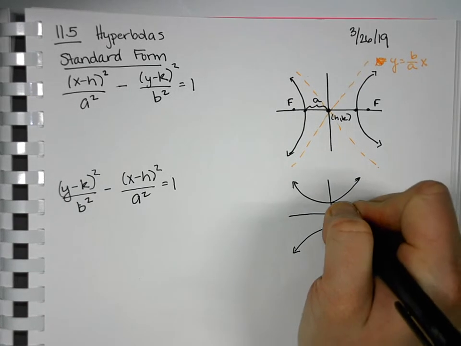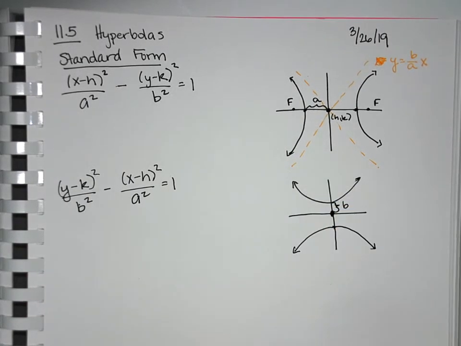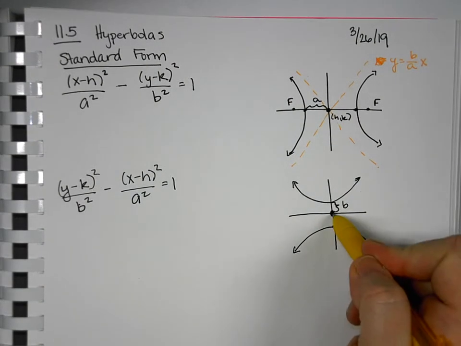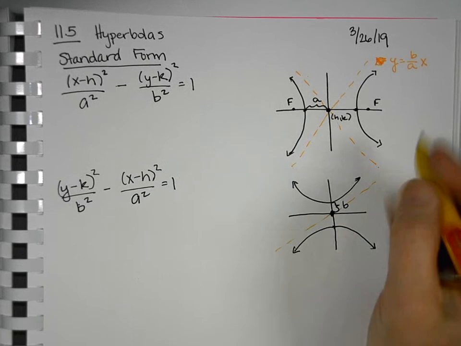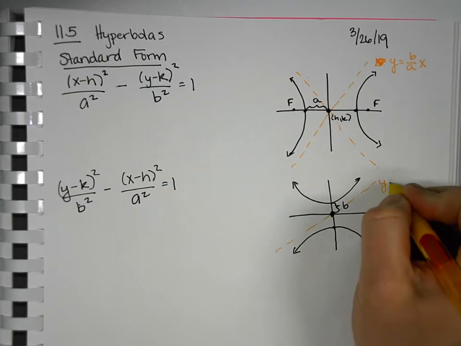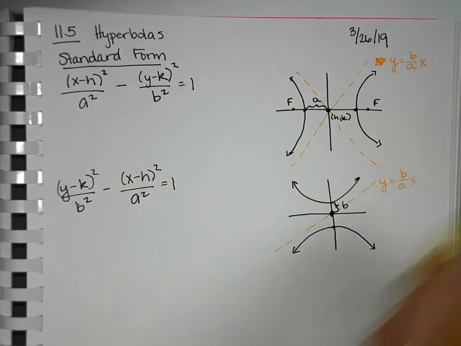Where this distance would be your b between the center and your vertices. You would still have asymptotes, that does not change, and it would still be b over a times x.